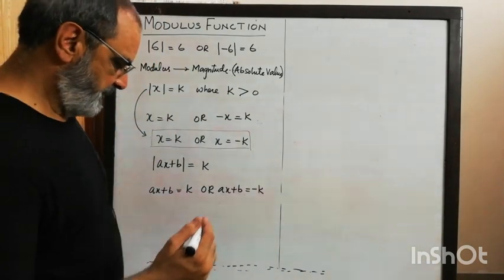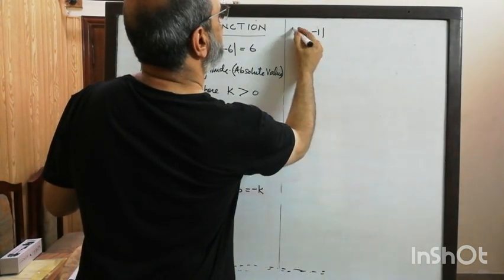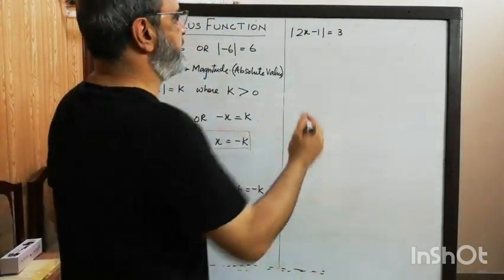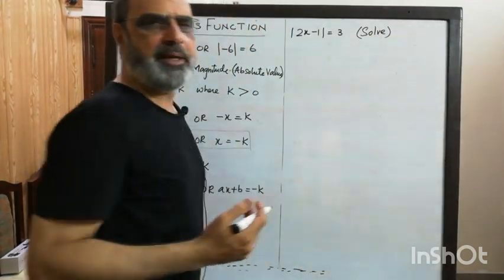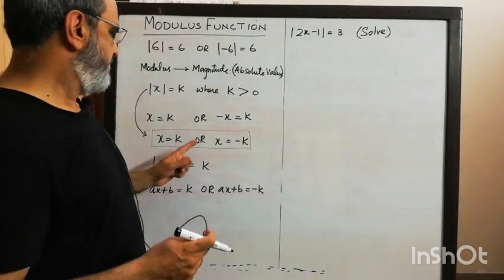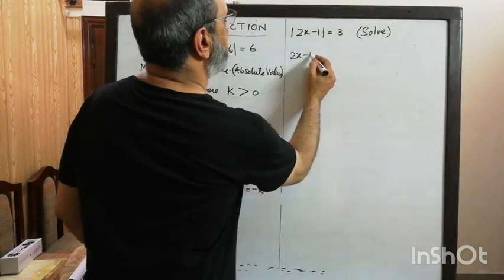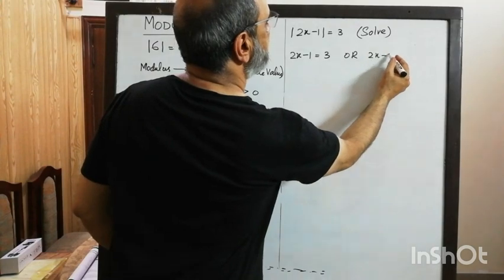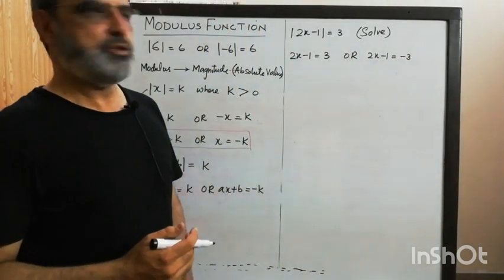For example, if we have modulus of 2x minus 1 is equal to 3 and I want to solve it. Solve means to find the value of x. The first step, using this property, I can write 2x minus 1 is equal to 3 or 2x minus 1 is equal to minus 3.